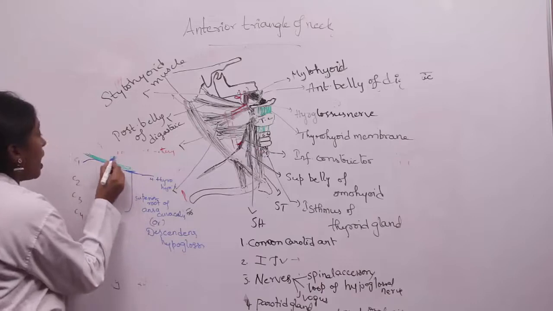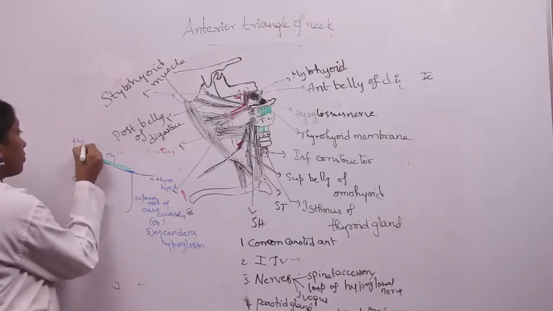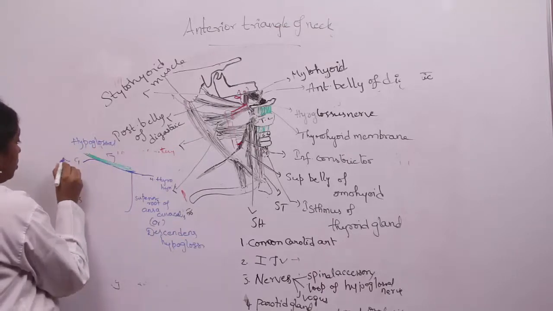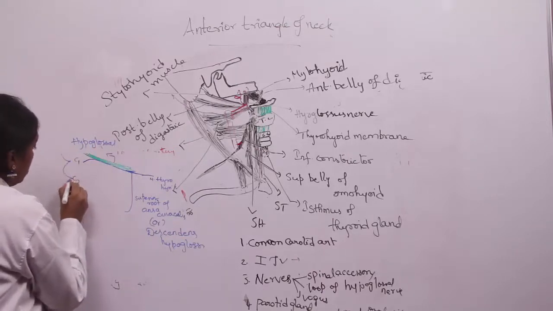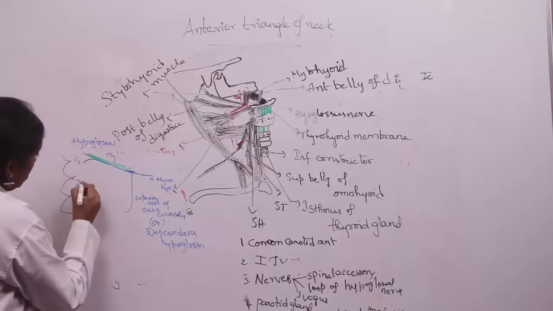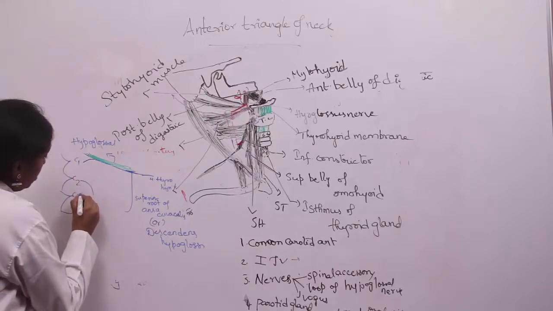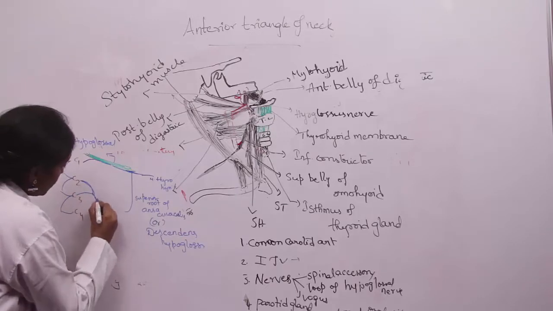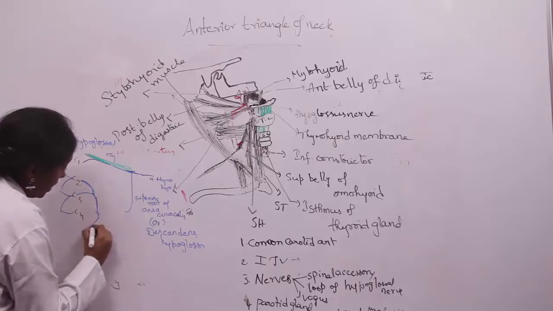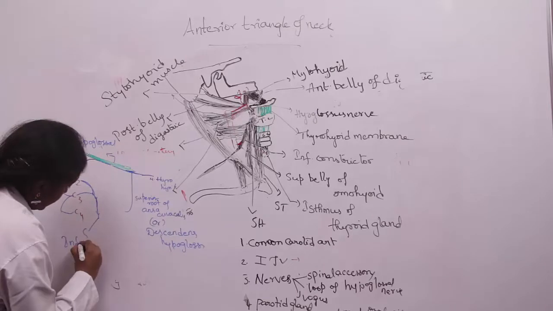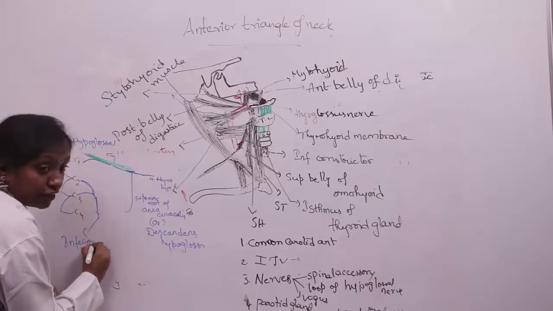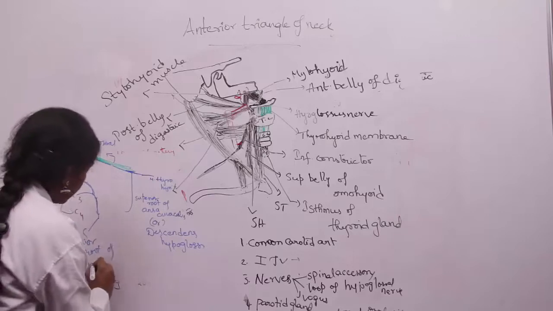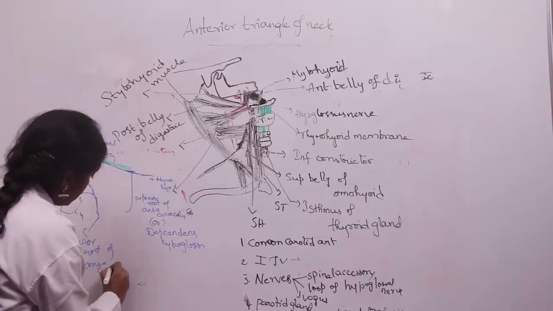So this is the hypoglossal nerve. And from C2 and C3 roots, another loop arises. We call it the inferior root of ansa cervicalis.